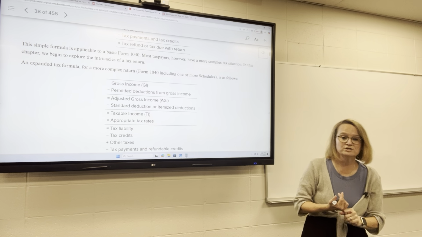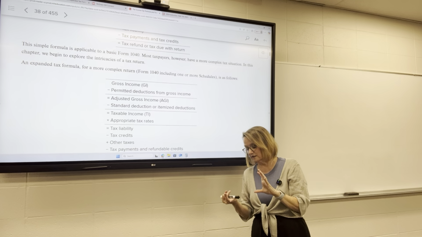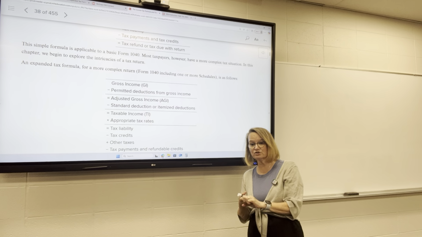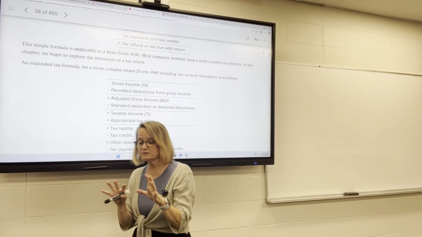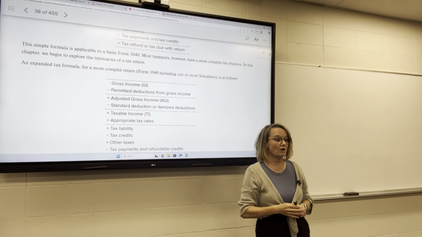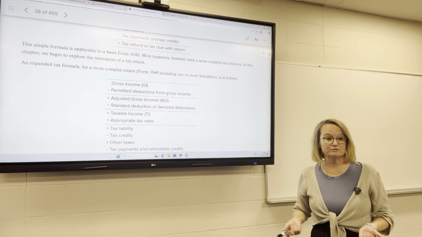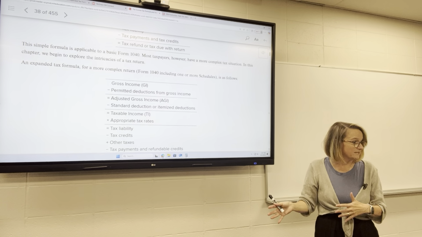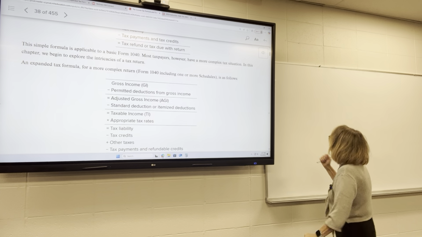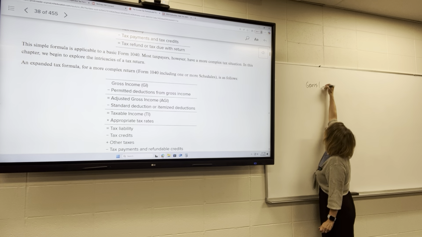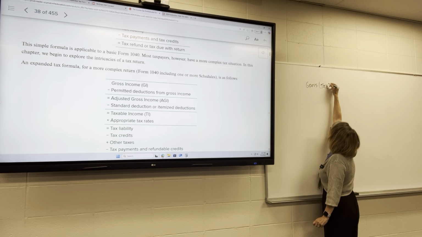We've got our wage income, interest income, dividend income, Social Security benefit income, all sorts of different types of income that would then be included in our gross income amount. So this is just the total amount, total income or gross income. Okay, so we'll start there with gross or total income.